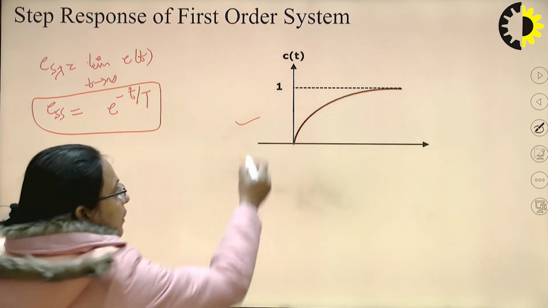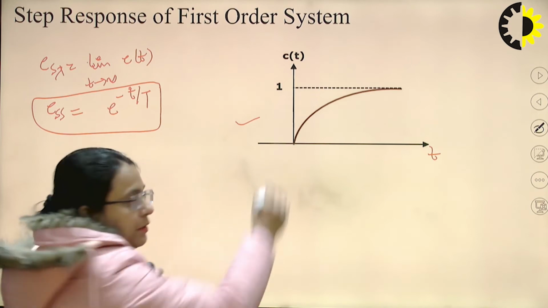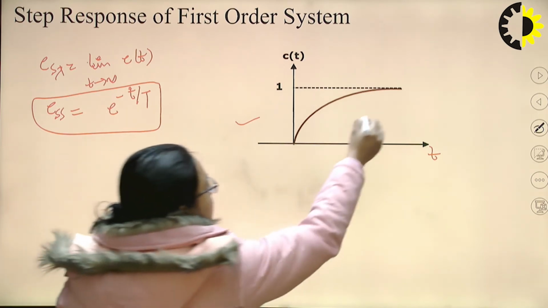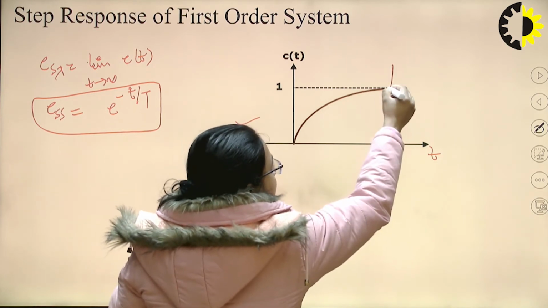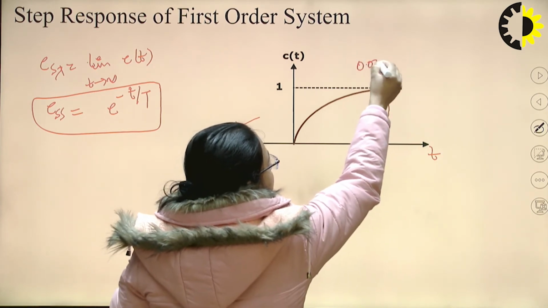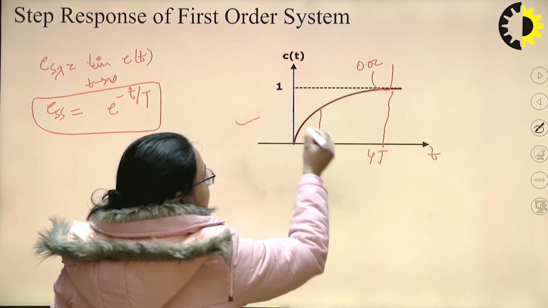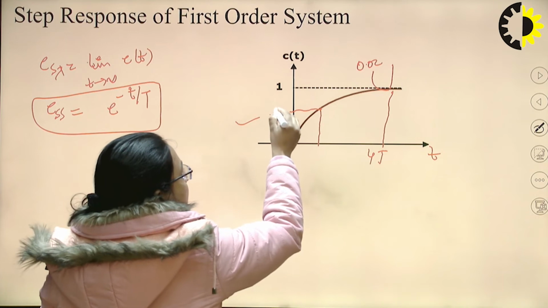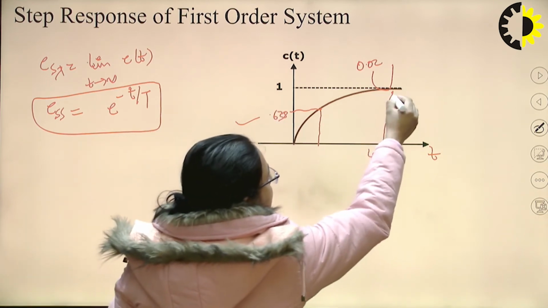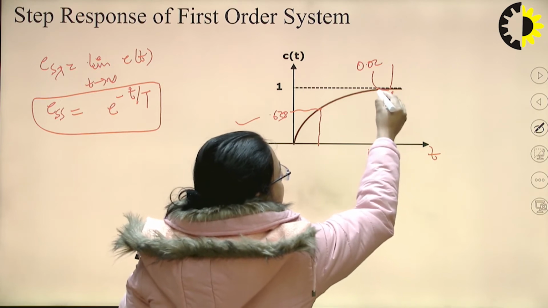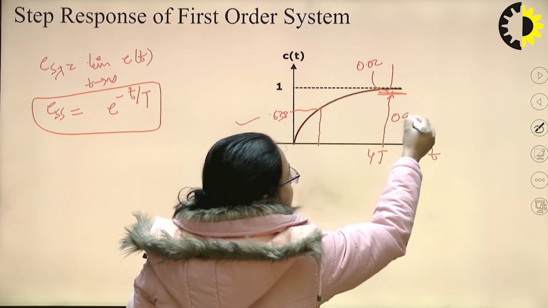Here you can see u(t), the unit step input, is applied here, and you can see we are getting the difference between the two is 0.02 at 4T, and it is approximately 0.638, and this is the graph and this is the difference 0.98.